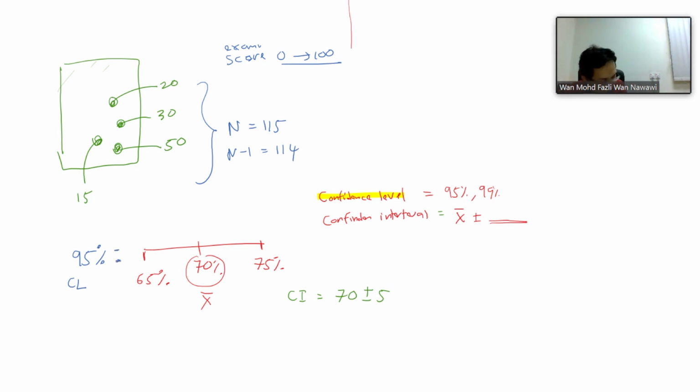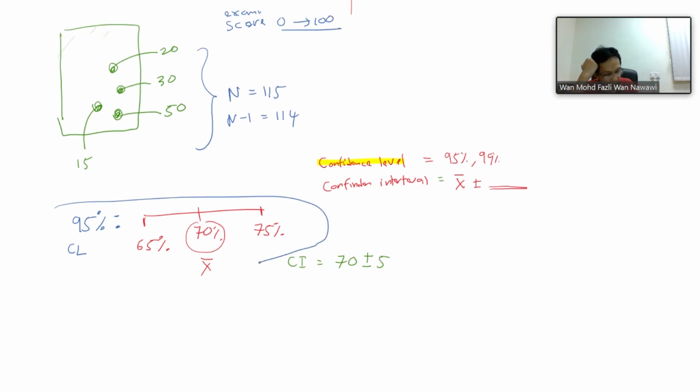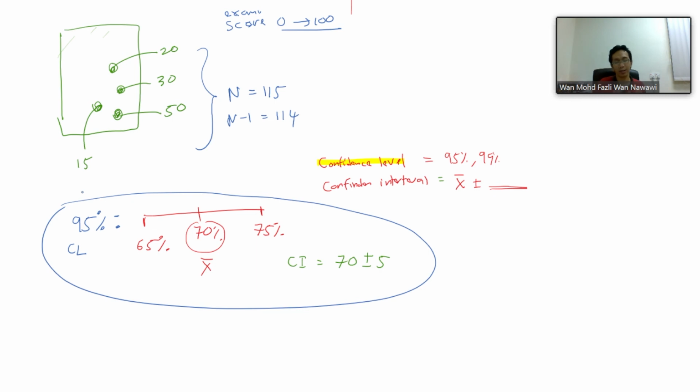So let's say this is a 95% confidence level. What does it mean by this? A 95% confidence level for the confidence interval between 65 and 75. So what does it mean here?